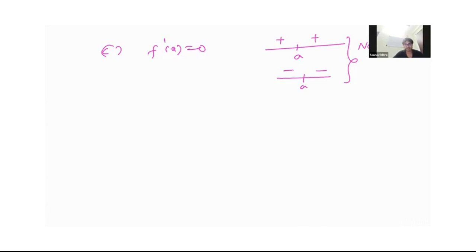Then this point a, in this case, will be called a local point of inflection. x equals a will be called a point of inflection. Okay, clear? So let us clear this with a question and we can get a good understanding of the concept.